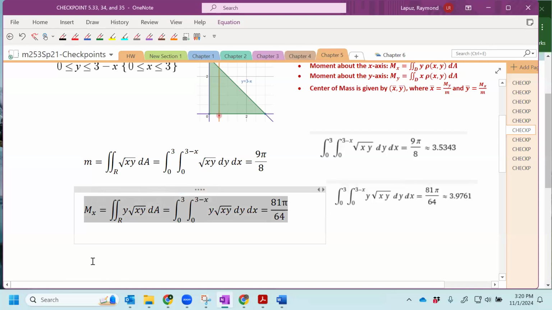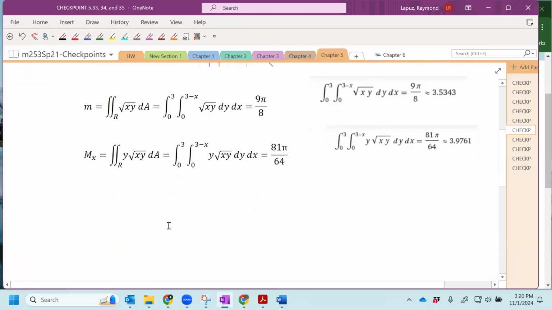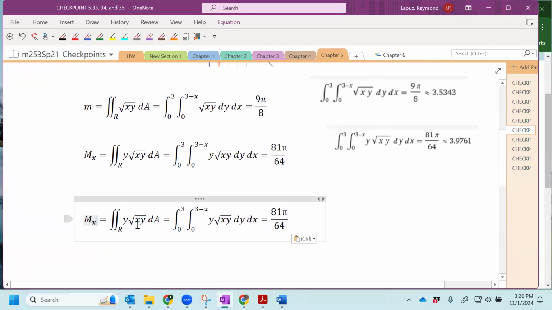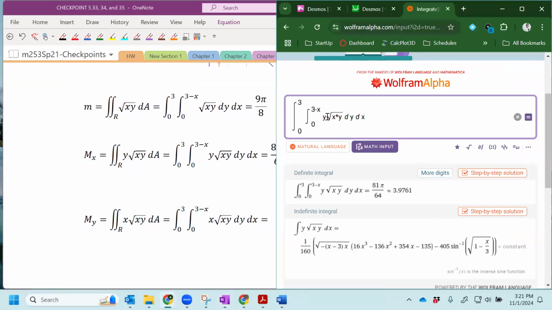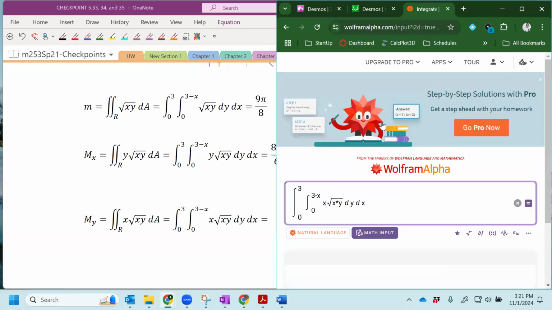All right, let's find My. Again, everything is all set up for us, except we're going to change our integrand to be x times the density. And then we'll have it punch out our result. So let's change this y to an x and see what we get.